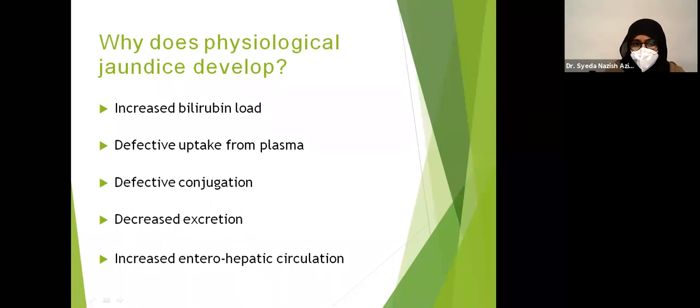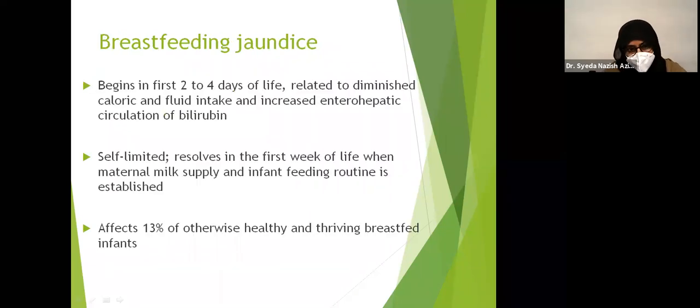These neonates are not capable of dealing with this huge load because of defective uptake of bilirubin by the liver, coupled with defective conjugation as well as impaired excretion. So this immature handling of bilirubin leads to hyperbilirubinemia in neonates.